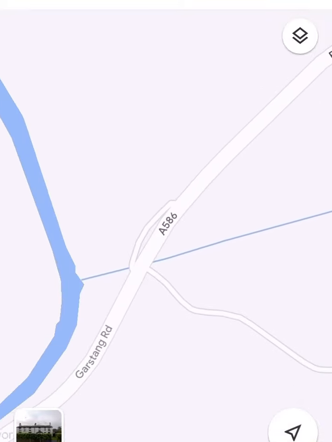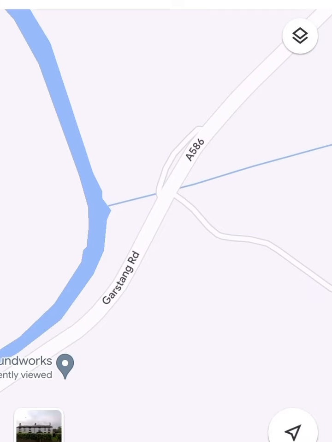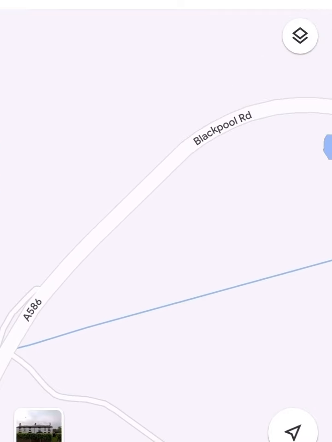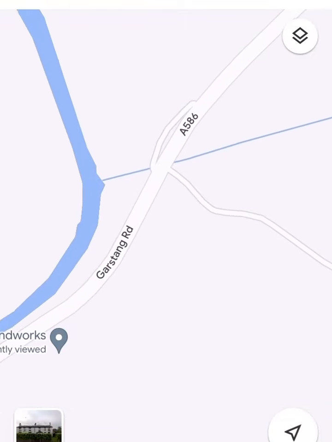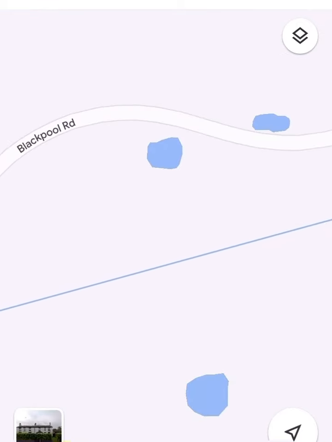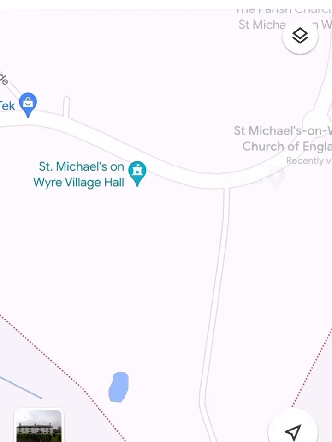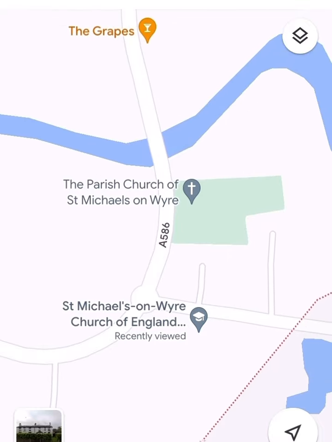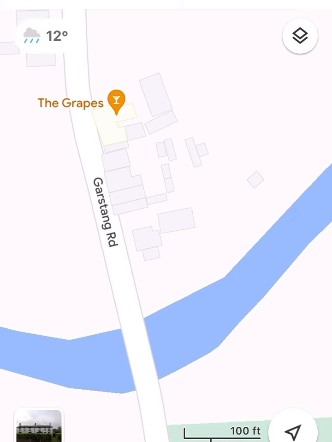So either Google Maps has been making mistakes, or the police have been making mistakes. It does seem a bit like Google Maps have made some kind of an error here if they've got their address down as Blackpool Road, unless they're just going by what locals know it as, but I thought locals knew it all as Garstang Road. And this, as I said, was previously Blackpool Lane, and you'll see that on Google Earth as well.